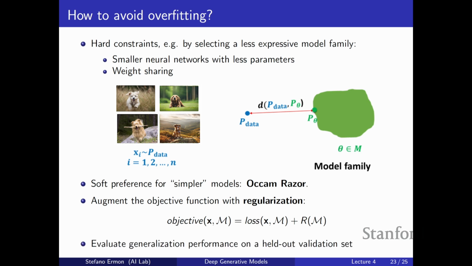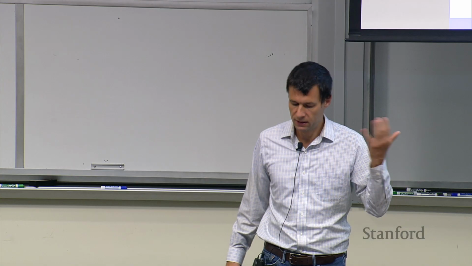You can always evaluate performance on some held out validation set. This is actually what people do in practice. And if there is a big gap between training and validation loss, then you know that you're probably overfitting. And maybe you want to reduce the size of this set, or do something to prevent that overfitting. And yeah, I think that's probably a good place to stop. I think training conditional models is pretty much the same thing.